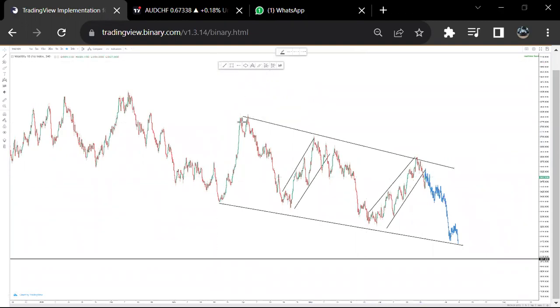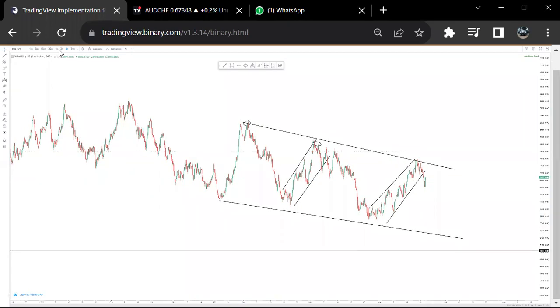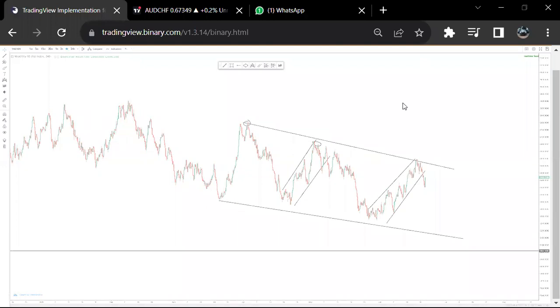So okay, guys, we have one, we could take this as a touch, 2, 3. On the third touch, the market wants to go down. Now we're moving to the 1 hour. Emmanuel, are you still there?